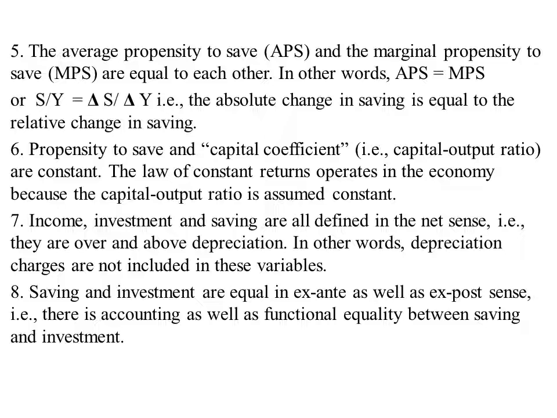MPS means delta S by delta Y, change in saving to change in income. APS equal to MPS means S by Y equals delta S by delta Y. That is, the absolute change in saving is equal to the relative change in saving.